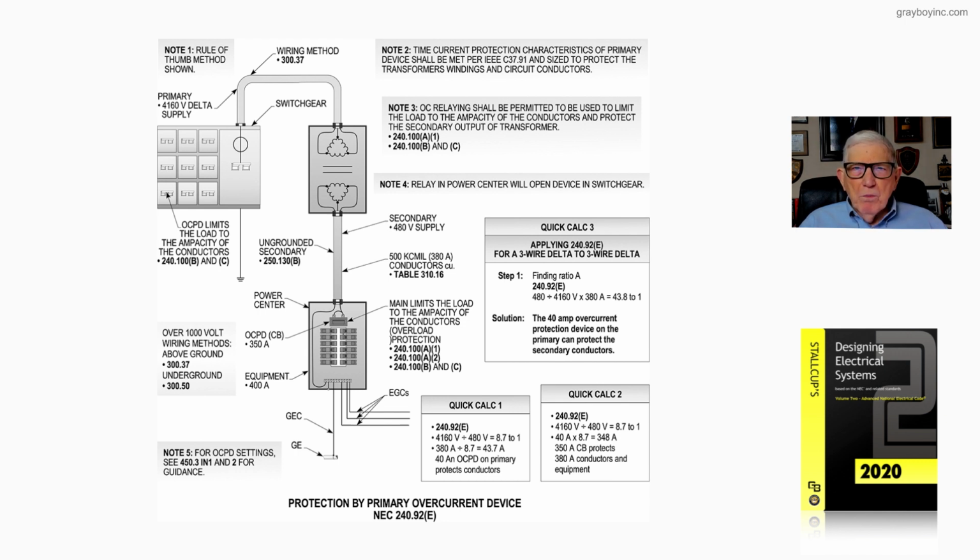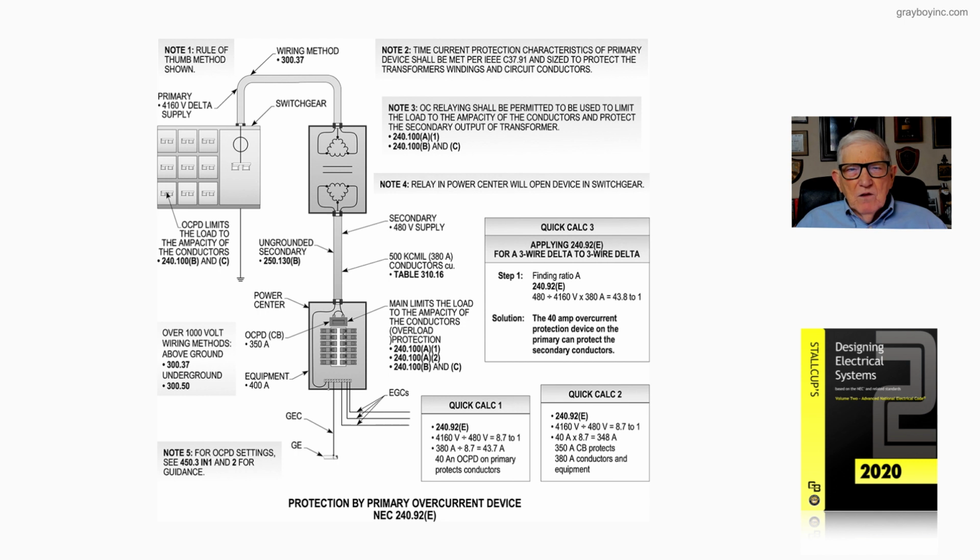It gets us to a point where we can actually apply 240.92(E). Secondly, Note 2: the current protection characteristics of the primary device shall be met per IEEE C37.91 and sized to protect the conductor windings and circuit conductors.